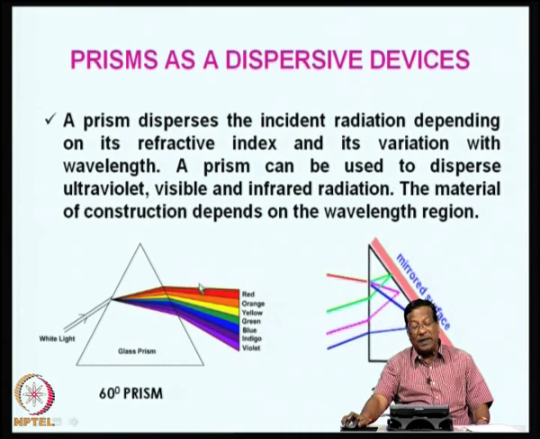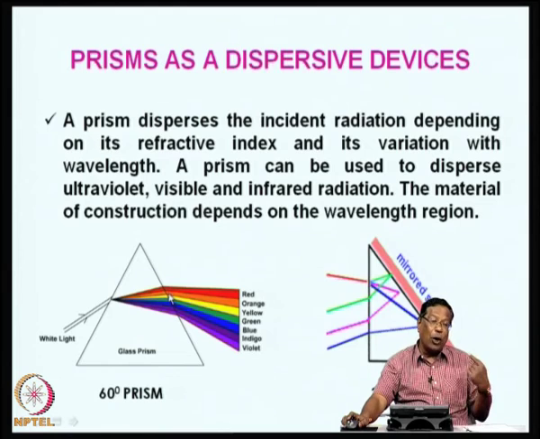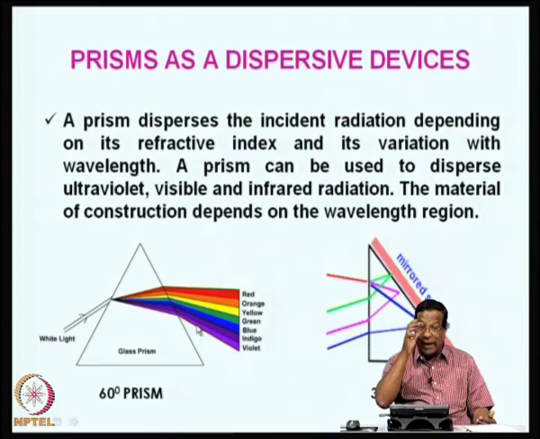Now, the same thing essentially happens in nature also, where the raindrops act as prisms. When the sunlight passes through the raindrops and gets reflected at a particular angle, you would see the rainbow colors in the sky, which is a beautiful sight to behold.